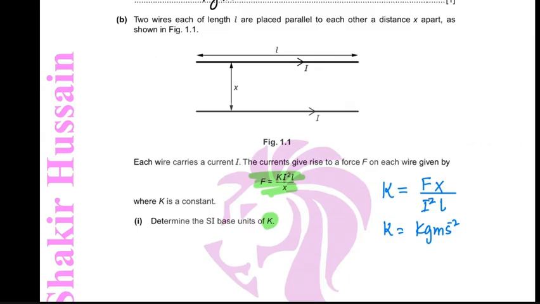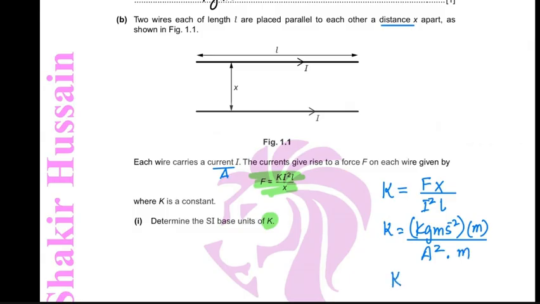What is x? Distance. So kg m s^-2 into m. What is I? Current. Current is measured in amperes, so it's amperes squared. What is L? It's meters.